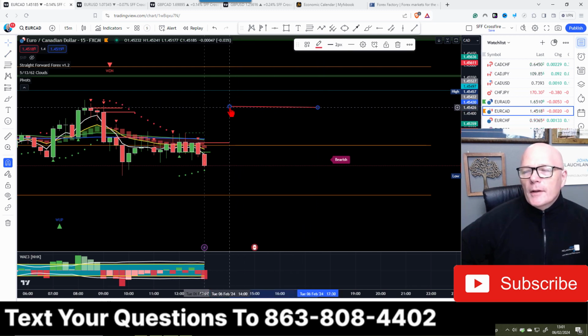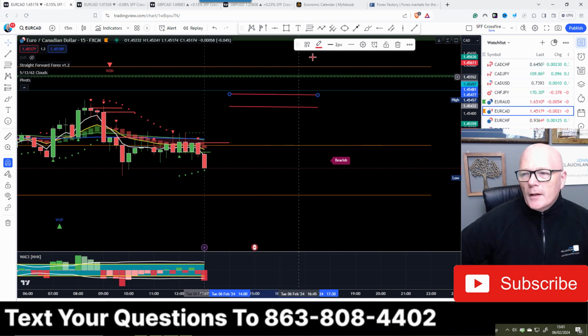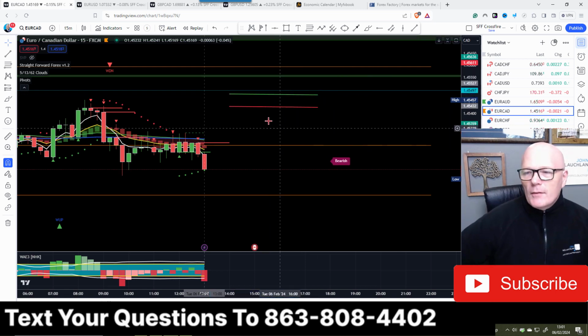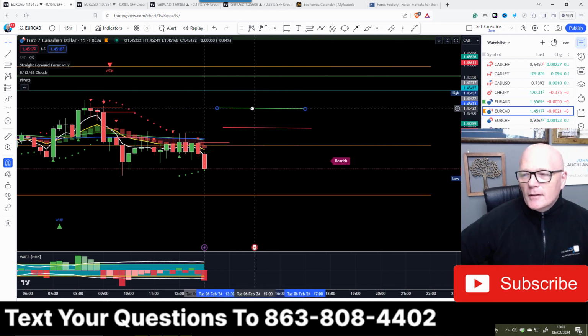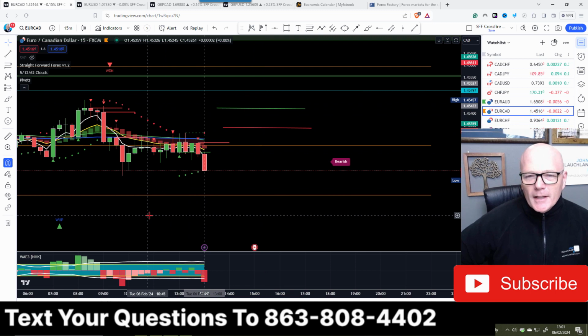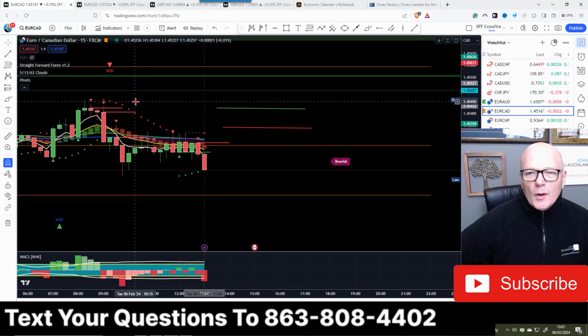One quick way you could do this, instead of having to click and drag and click and drag, is to just right click and go on to clone. Let me save a little bit of time if you're getting annoyed with having to click every 5 minutes. TradingView is a very clicky kind of software. You're always clicking and dragging and making things a bit bigger and a bit smaller.